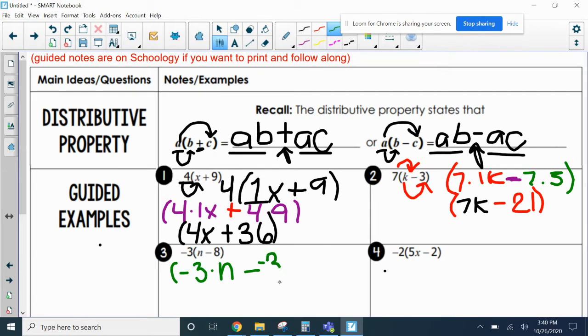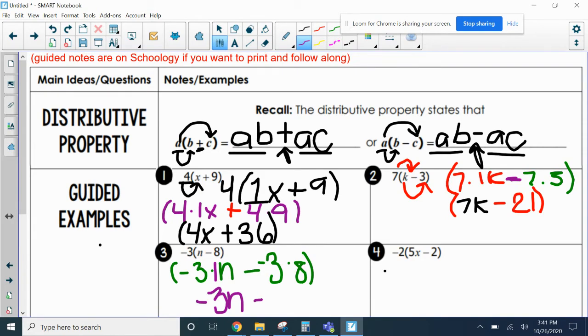Negative 3 times 8. So then we're going to say again, there's an assumed 1 in front of that n, so I have negative 3 times 1. So negative 3 times n, we still don't know what n is, so we're just going to leave it as negative 3 times n minus negative 3 times 8.